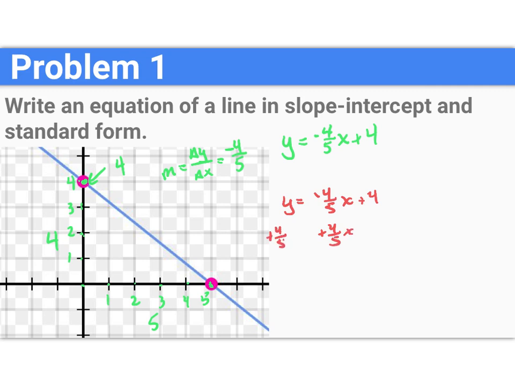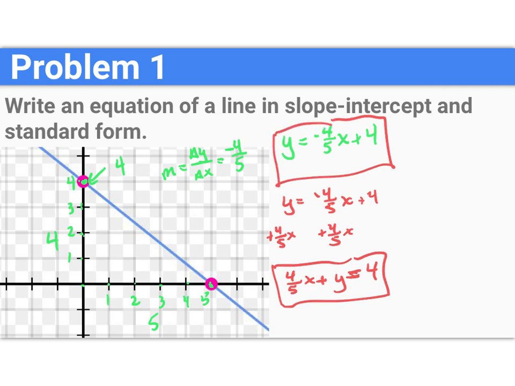You got 4/5x plus y equals 4. And now we are in standard form, and this, the top one, is slope-intercept form. Just different ways of writing the same line.